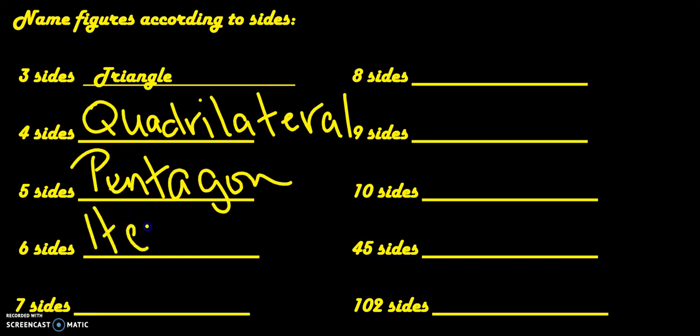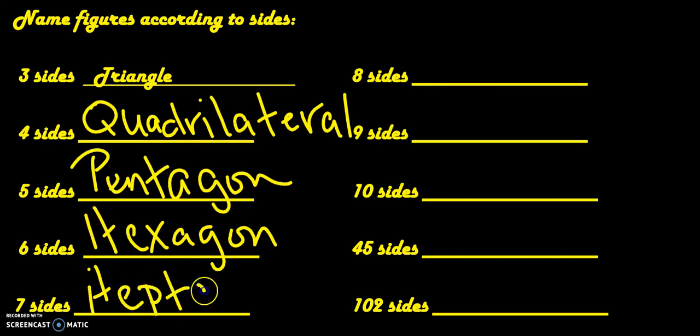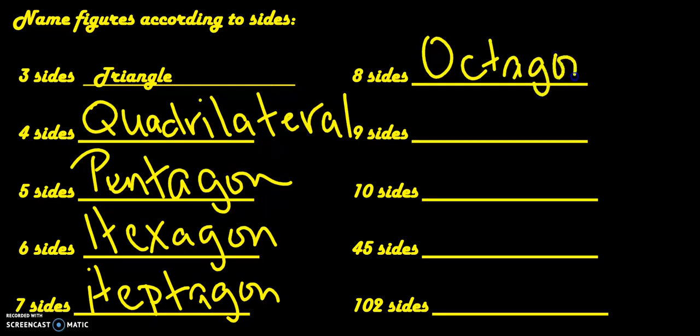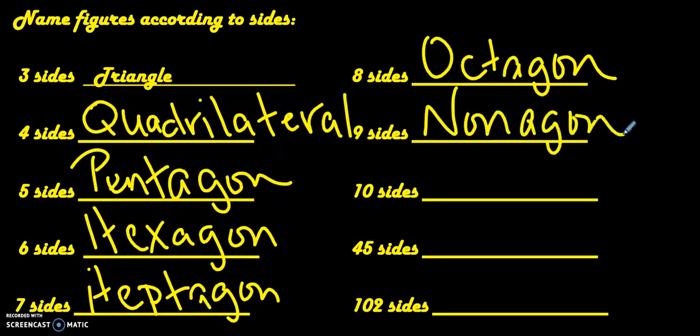6 sides is a hexagon. 7 sides, a heptagon. 8 sides, an octopus has 8 legs. An octagon has 8 sides. 9 sides is called a nonagon, not a ninagon, but a nonagon. 10 is a decagon.